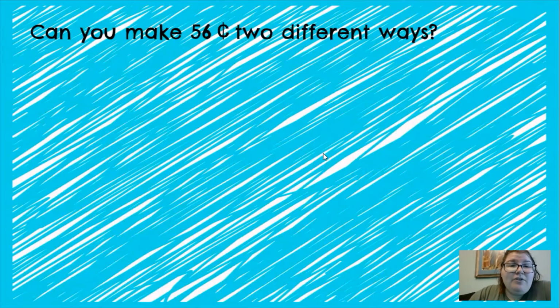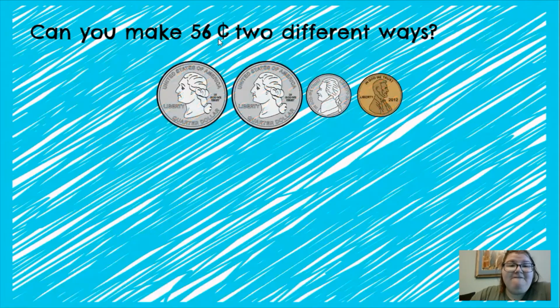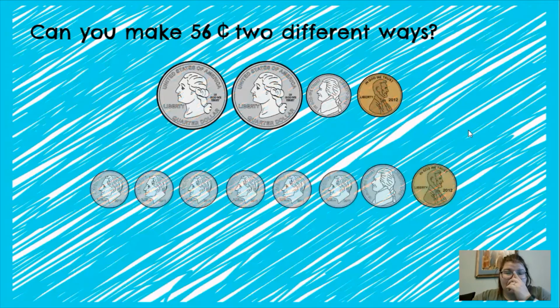The way that I found 56 in 2 different ways was, first, I did my most efficient way using the least amount of coins. So I have 25 plus another 25 is 50, 55, 56. The other way I found to make 56 cents was counting by tens first, using my dimes, 10, 20, 30, 40, 50, 60.